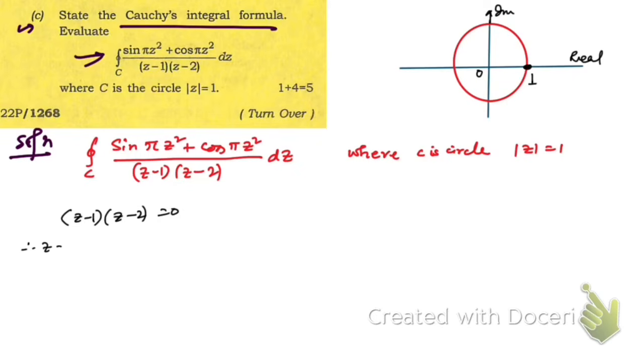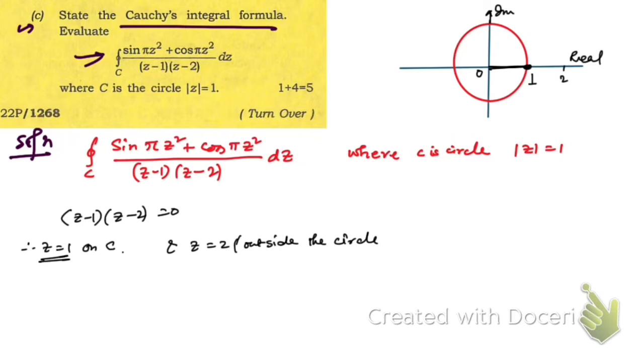We're going to have z = 1 and z − 2 = 0, that means z = 2, which is outside the circle, because here the radius is 1, so 2 must be lying outside the circle, and 1 is on the circle. This is on C, right?